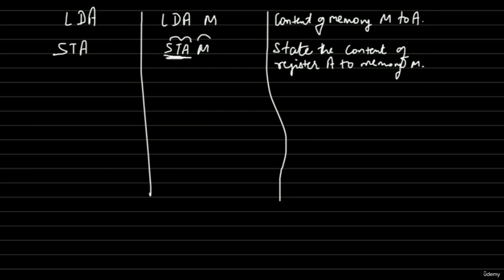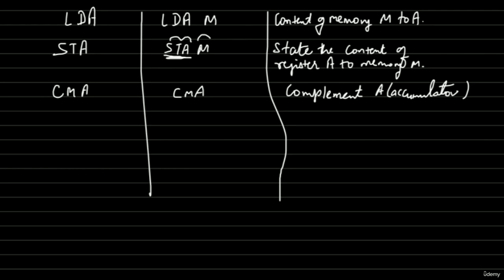Now the next one we have here is CMA. We are going to write CMA here, and CMA means complement A. A is the accumulator. Now the next one we are having is MOV. MOV, as you know, means move.